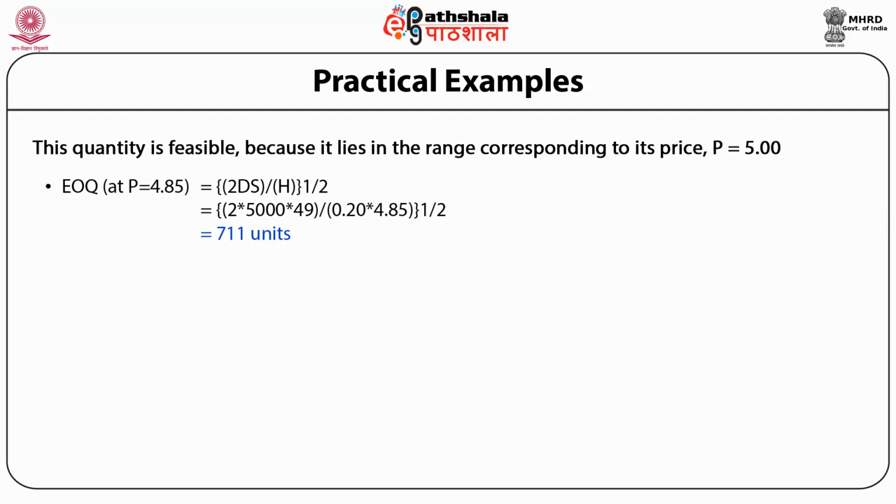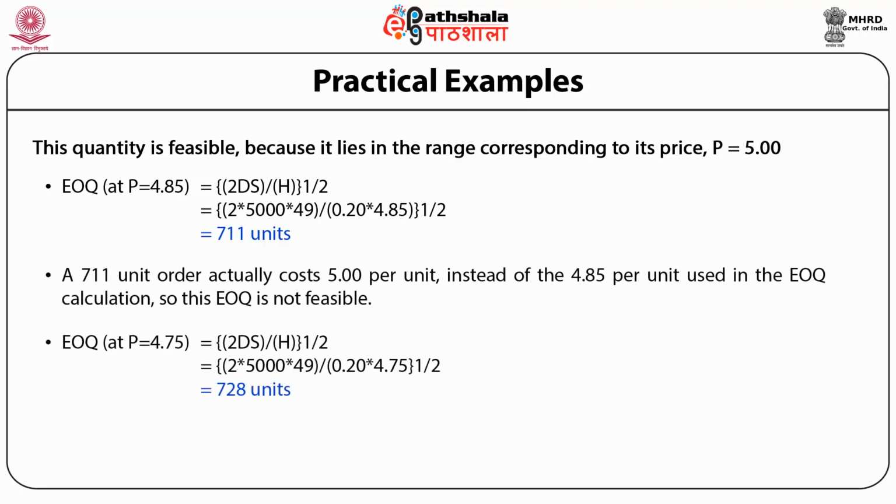EOQ at P equal to 4.85 equals the root of 2DS upon H, which is the root of 2 into 5000 into 49 upon 0.20 into 4.85, and that equals 711 units. At 711 units, the order actually costs 5 per unit instead of 4.85 per unit used in the EOQ calculation, so its EOQ is not feasible.